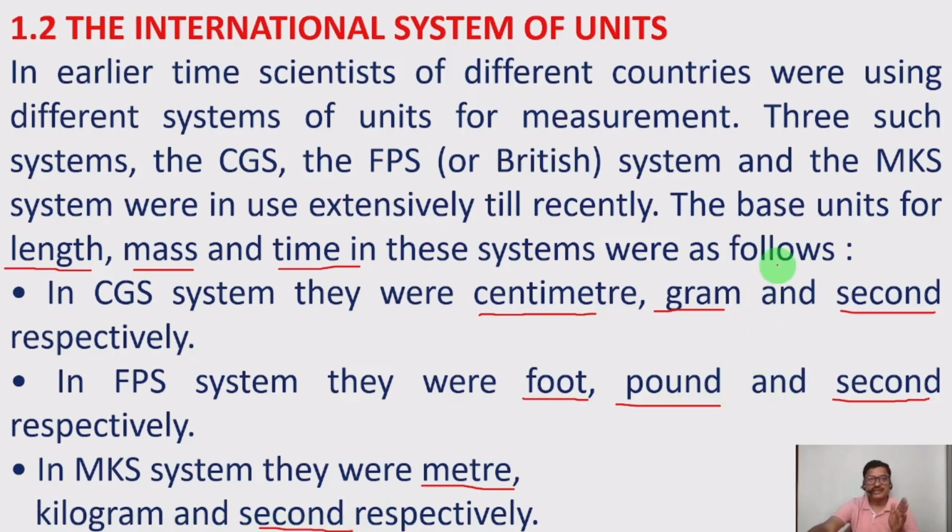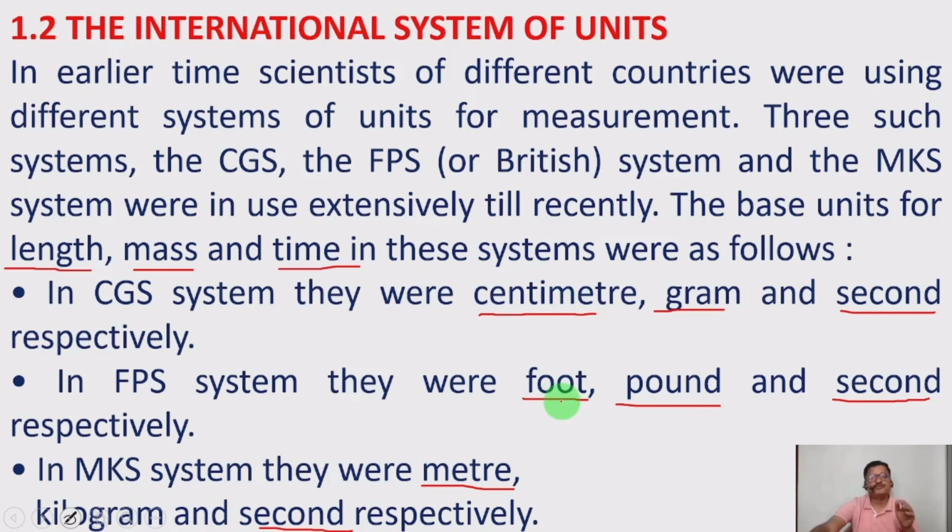Here we can see the three physical quantities, length, mass, and time, and their units. Comparatively, in CGS it is the centimeter, in FPS it is the foot, and in MKS the meter. The systems are named after the units of the base physical quantities: centimeter gram second is CGS, foot pound second is FPS, and meter kilogram second is MKS.